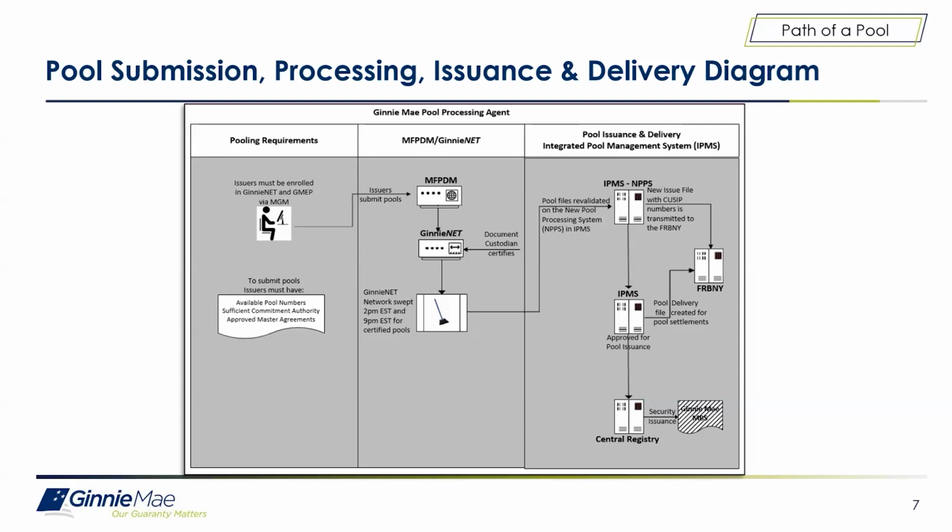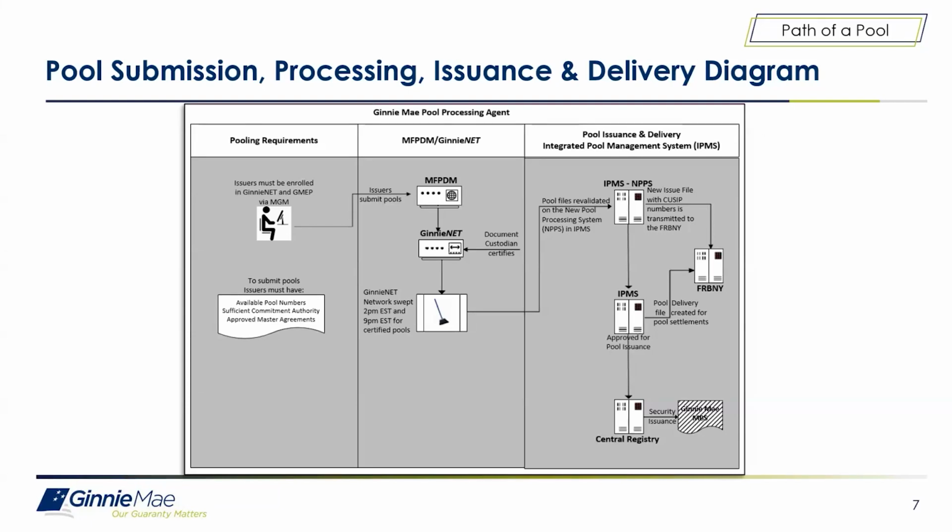So you need to get enrolled in MGM, of course, to submit pools, and issuers must have an available pool number, sufficient commitment authority, and an approved master agreement. We're going to go through those a little bit later. In the second piece, we have MFPDM/GeniNet.